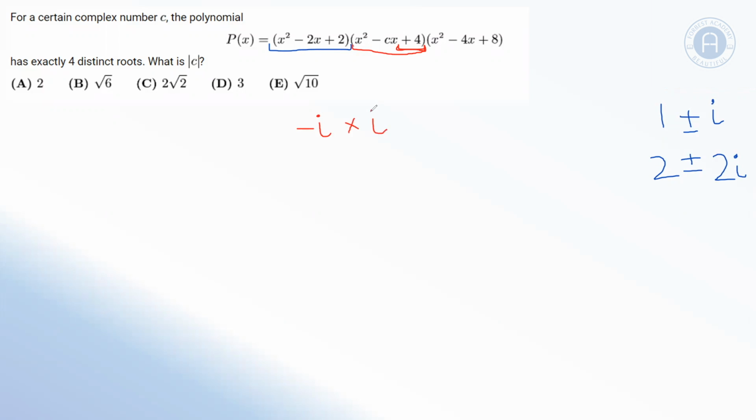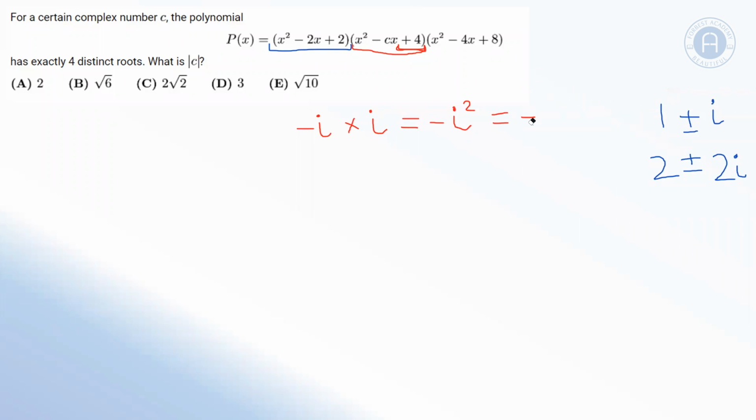The reason for this is that i multiplied by i gives me -1. So if I have negative i times positive i, it will give me -i squared, which is essentially the negative of -1, which is +1. So if I want a positive constant, we will probably be looking for a negative i and a positive i.